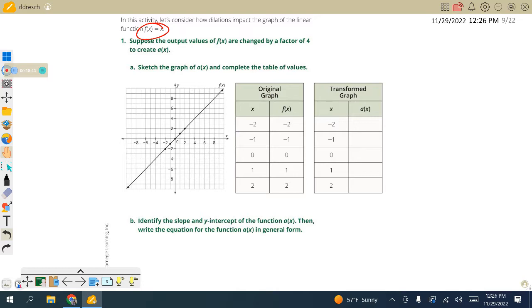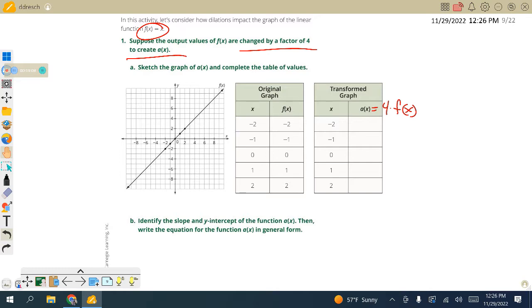And now, right here, we want to change that by a factor of 4. So what they mean by a factor of 4 here is what we just did on our warm-up a second ago, is to take that original and multiply it by 4.